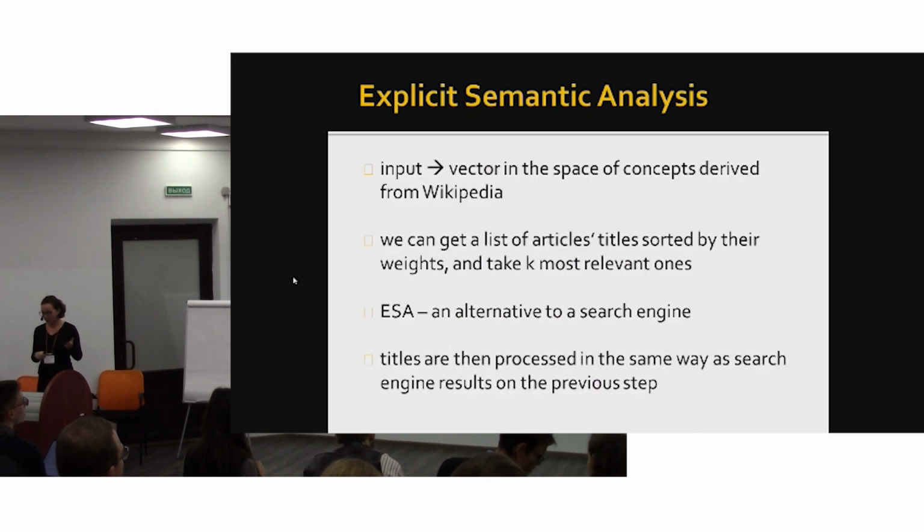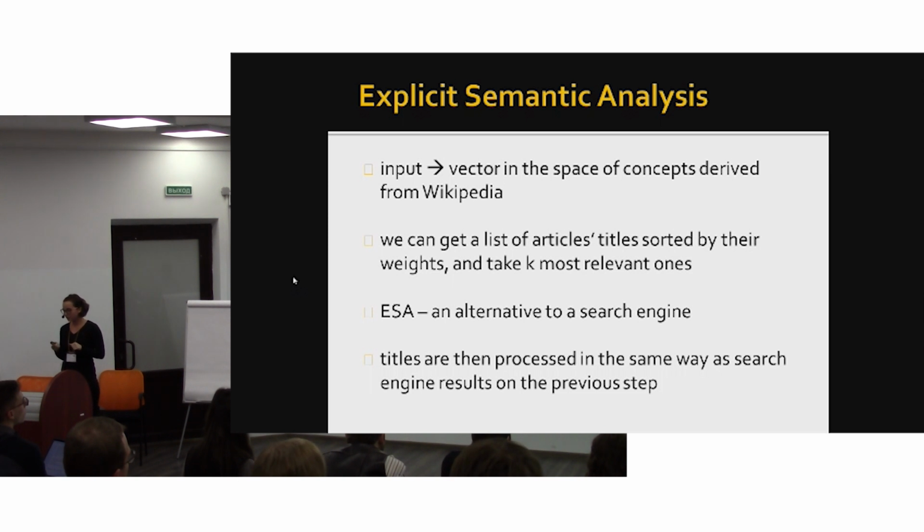As for our approach, as I've said, ESA gives us a vector in the space of Wikipedia articles, and we can sort this vector in descending order, so that we get a list of article titles that describe the given input the best, that are the most relevant for the input.